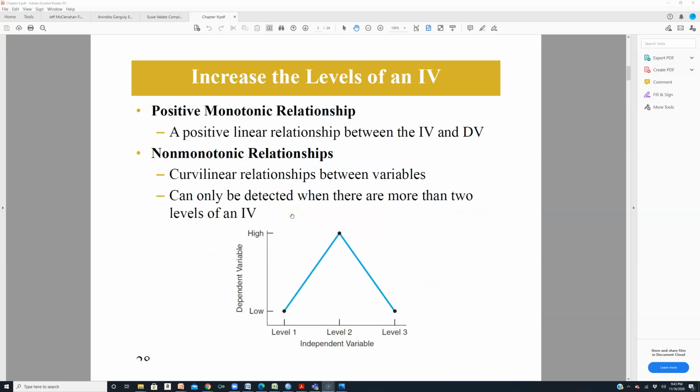When we increase levels, we can see whether the relationship is monotonic or non-monotonic. When it is monotonic, a positive linear relationship exists between the IV and the DV, just increasing in one direction. But when it's non-monotonic, we can see a curvilinear relationship or a shift in the incline changing. We can only detect that if we have more than 2 levels of an IV.